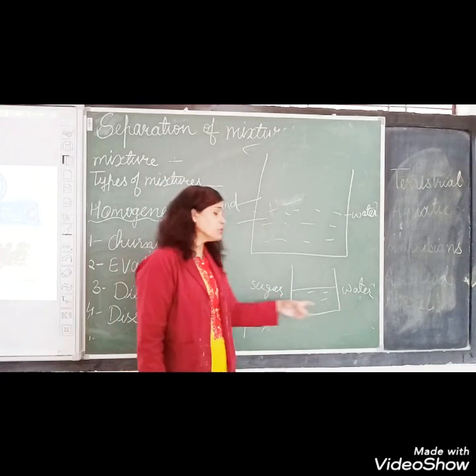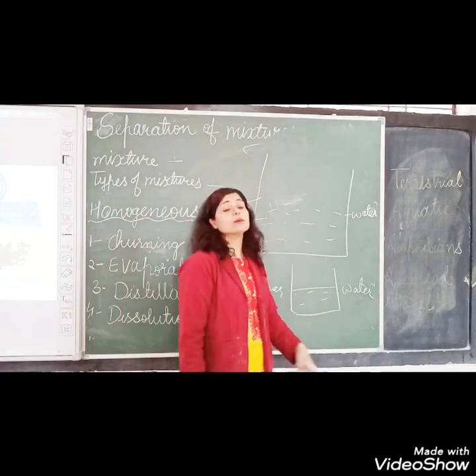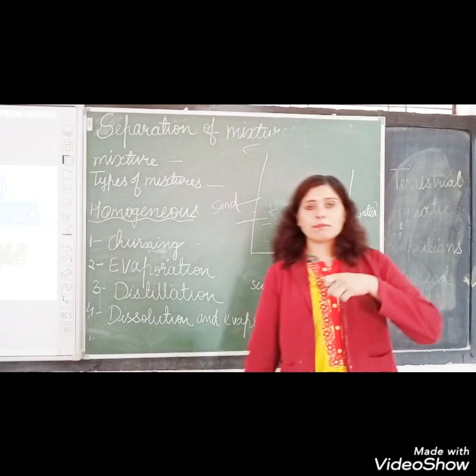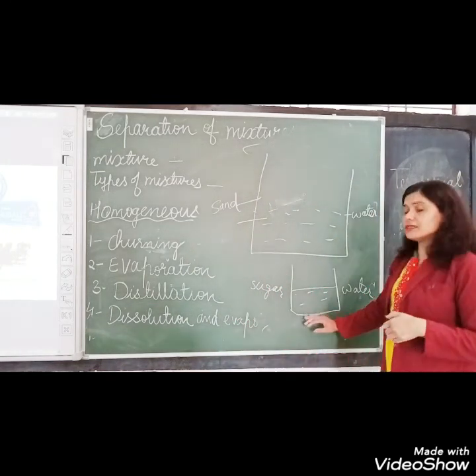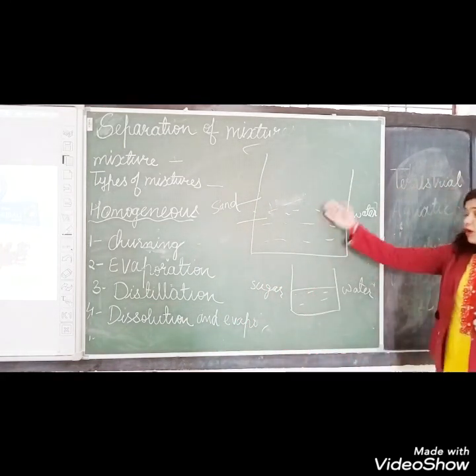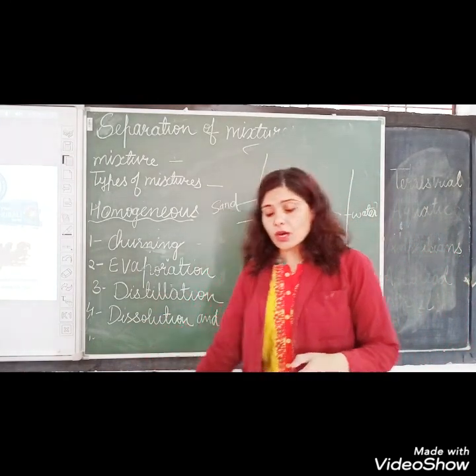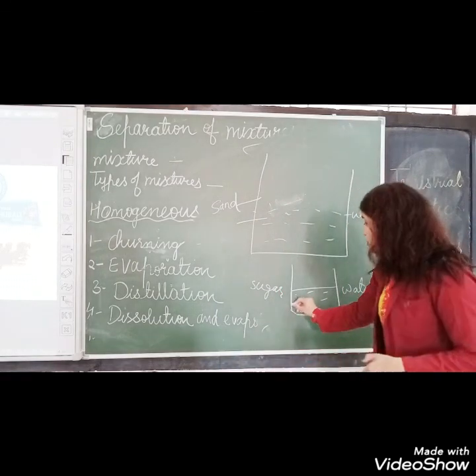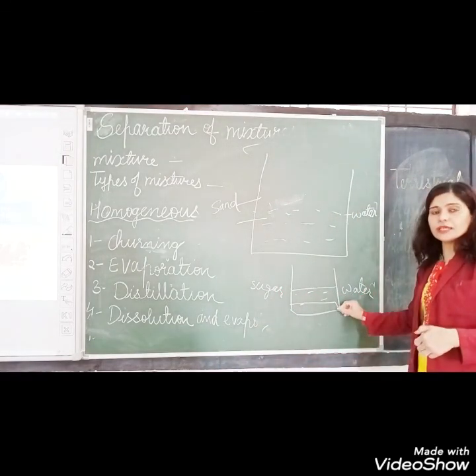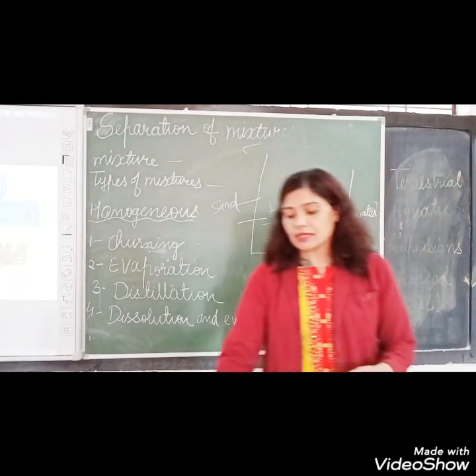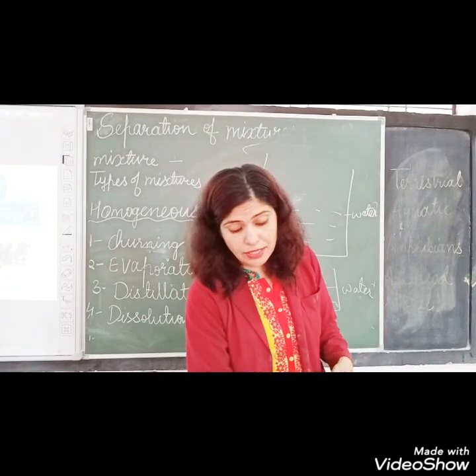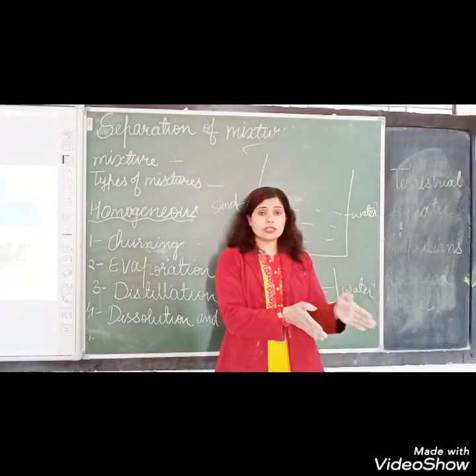Now we can remove this sugar from this water by the process of evaporation. When we evaporate this solution, all the water is removed in the form of vapors. Only sugar remains here. In this way, we can separate the three constituents.